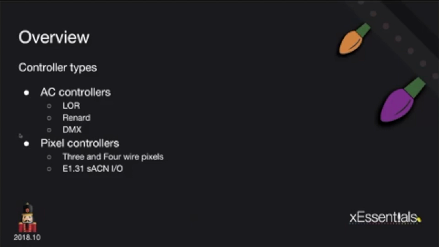And the types of pixels that you'd be able to run from here, 3-wire and 4-wire, not really elucidated specifically in this slide, but 3-wire being like a WS2811.